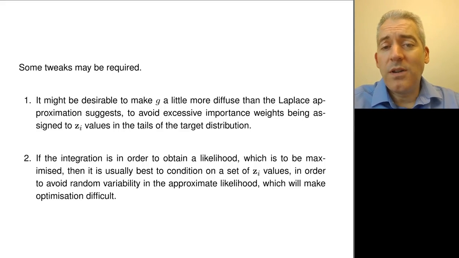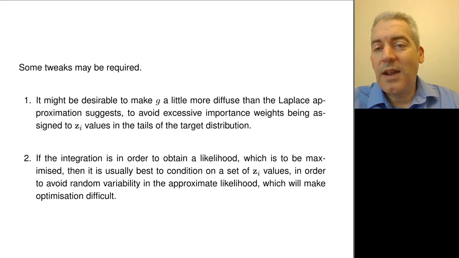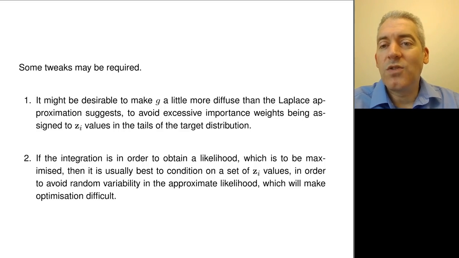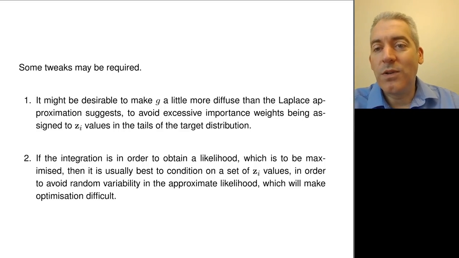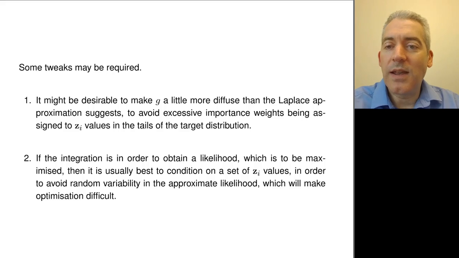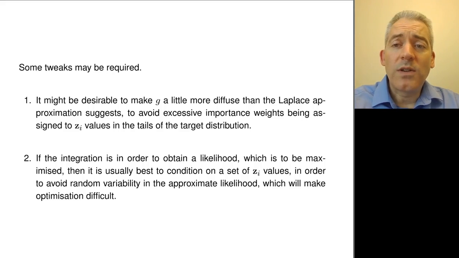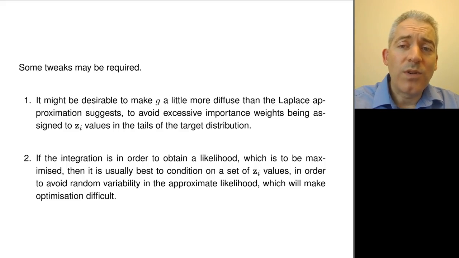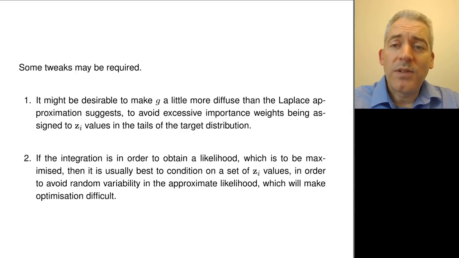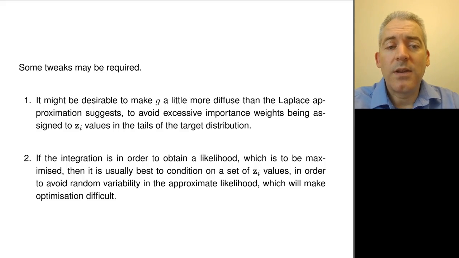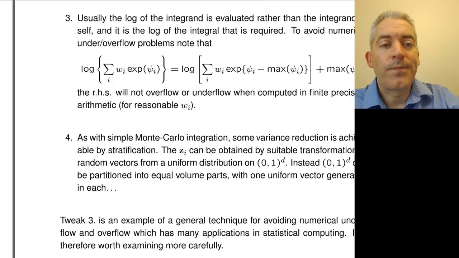Now, at some point there will be bias associated with the particular choice of Zs that you've focused on, so you might want to occasionally redraw your Zs. But it's a good trick to know about: if you draw your Zs once and fix them, and then keep those same Zs as you vary theta, that can give you a smoother surface that's easier to optimize. So that's a trick.